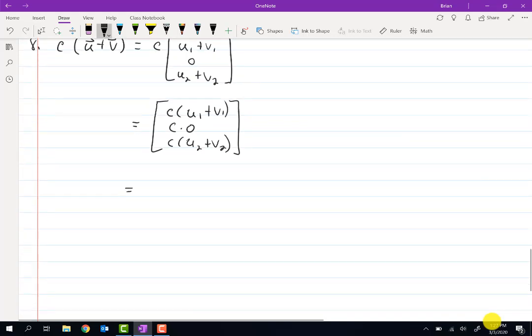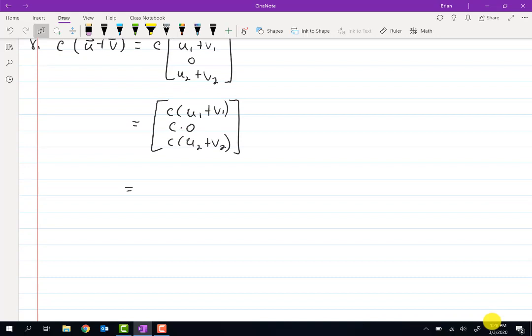And once again, I can use the distributive property of the reals to get the following. I get CU1 plus CV1, 0, CU2 plus CV2, and let me fix this. That was a V1 up there.